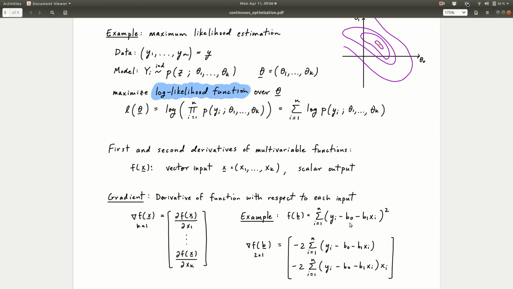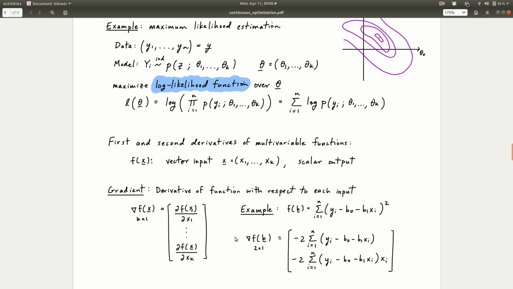So it's going to be 2 times this times minus 1 because there's a negative on b0. So that goes here. And then we take the derivative with respect to b1. So again, it's going to be 2 times this times minus x1. So we get this. So this is what the gradient looks like for the simple linear regression.